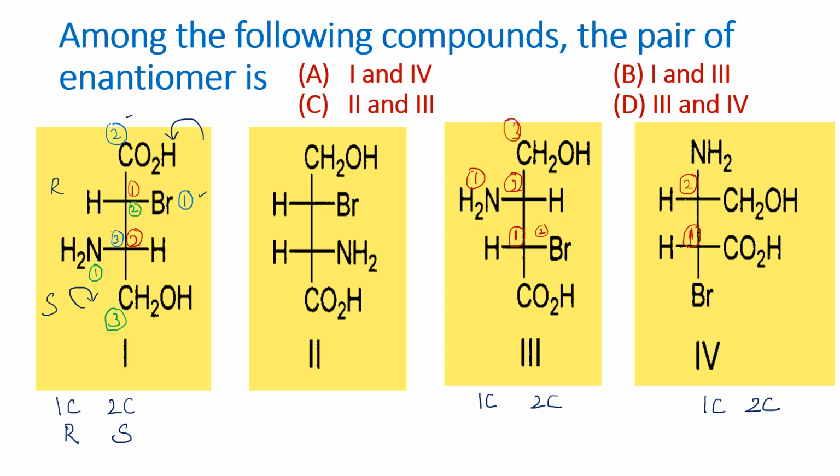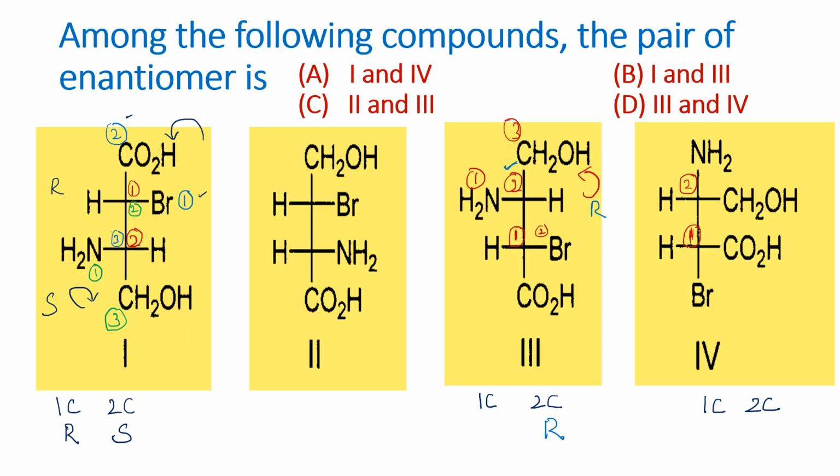So the order is in the counterclockwise direction. But then the least priority is in the horizontal position. So the notation will be, in this case, R. So here, this is the second carbon. Please remember, this is the second carbon. So in the second carbon, the configuration is R.